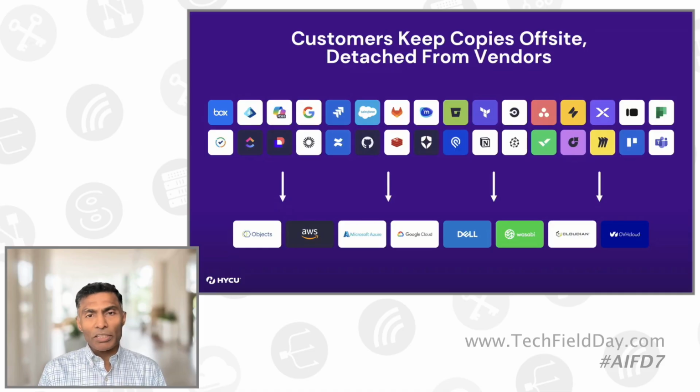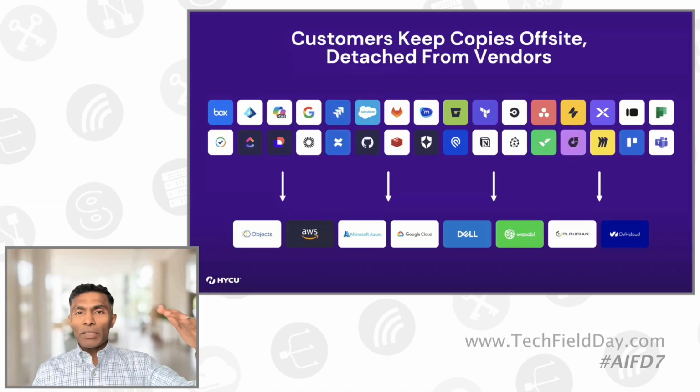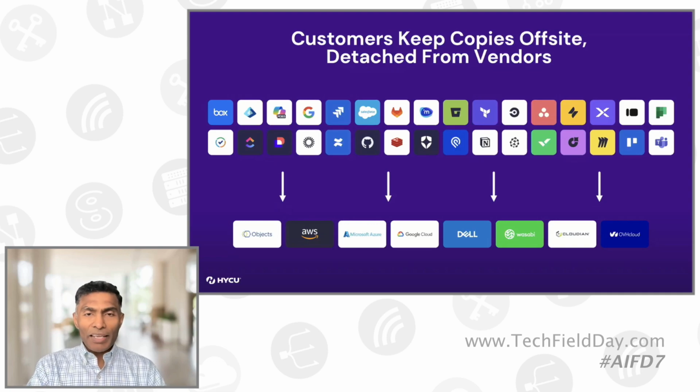And the good thing here is that in all of these vendors, we support not just one tier of storage, we support all of their tiers of storage for the customer. That is one of the big benefits here. And we can support all of these different SaaS, being able to protect onto these storage there.